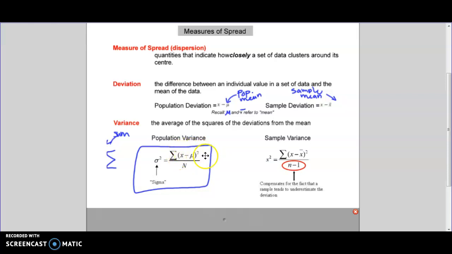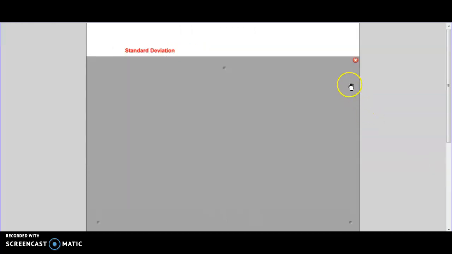You add those all up and divide by the number of data points that you have. That will give you your population variance. It's the same formula for sample variance, except instead of dividing by the number of data points, you take the number of values that you have and subtract 1 for your denominator. Okay, so those are the definitions that we will be needing going forward.